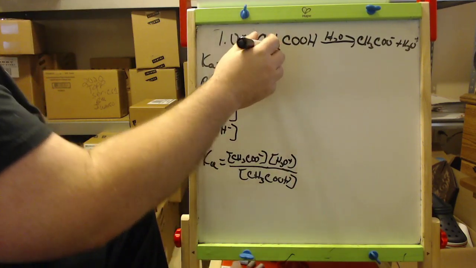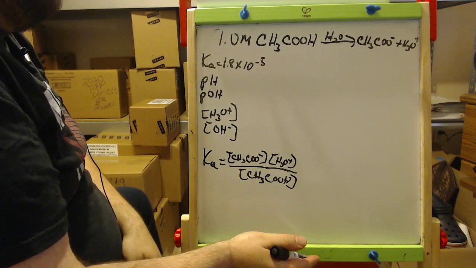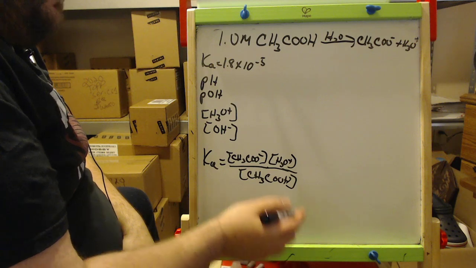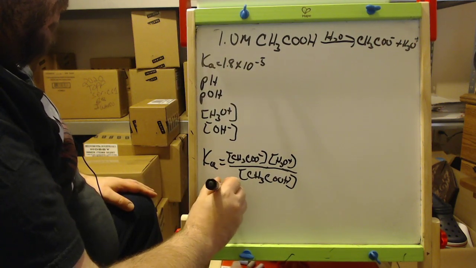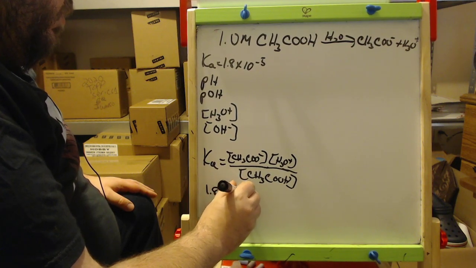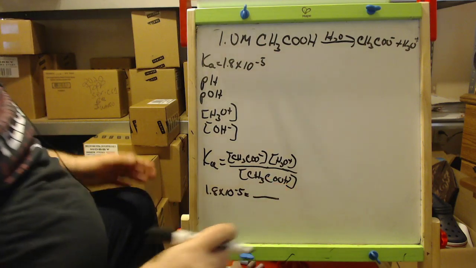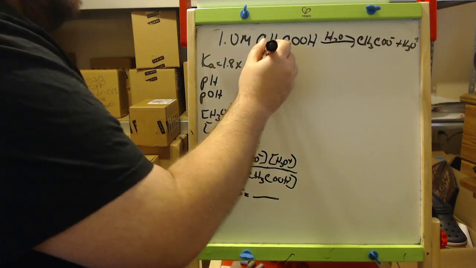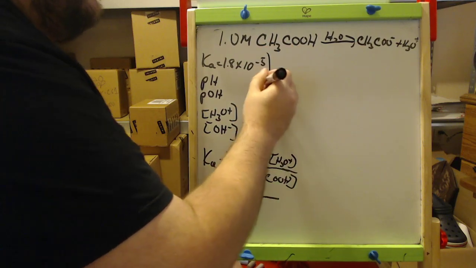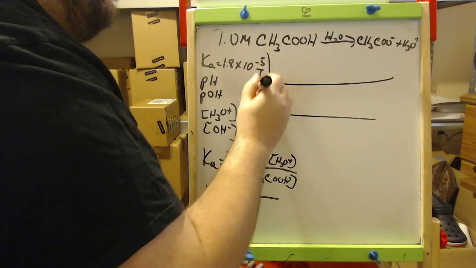I can look at the number of hydrogens to oxygens, however you want to do it. Well, I only know one of these values, 1.8 times 10 to the minus fifth. I know that that's my Ka. I've got to figure out these. And how do I figure out these? Our friend, the ICE box.